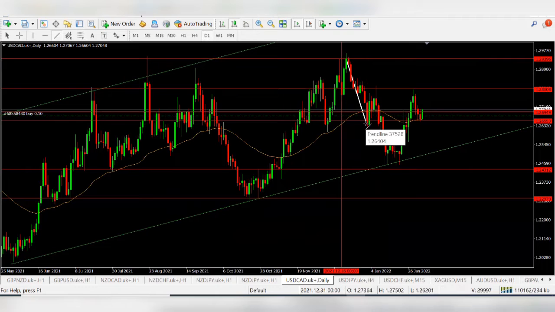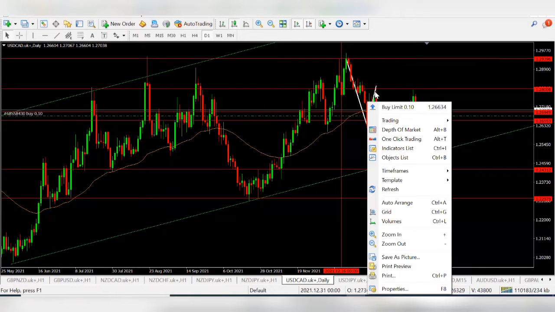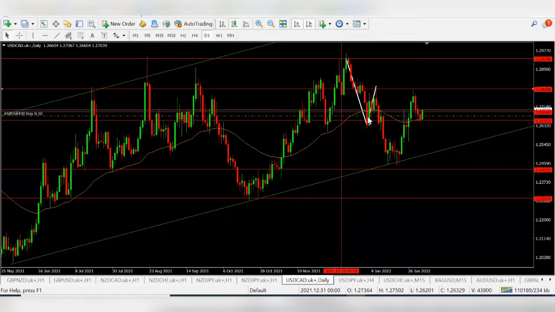Then it rallied back up, and again found support at 1.2800, and then pushed down again to the lower channel.